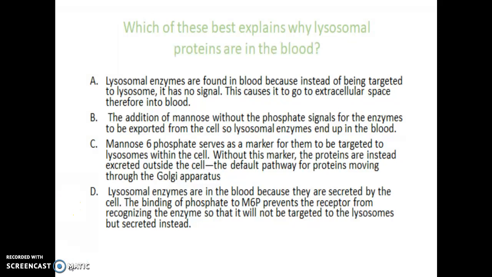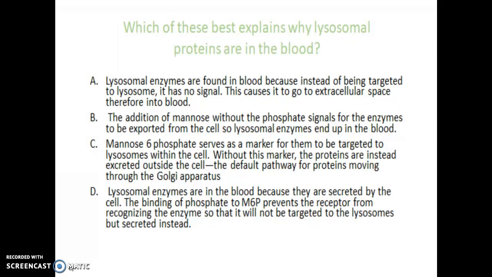So I'm assuming that you did pause the video and worked out what your answer is, and the answer is C. Without the phosphate on the mannose 6-phosphate, they would not be targeted to the lysosome. And so the default pathway for this enzyme is to go outside of the cell.